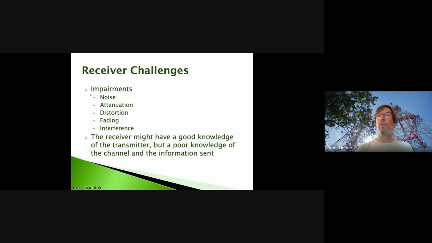Now when we are doing this, the receiver is faced with a number of challenges, and I call these impairments. Noise is a big one, and we'll spend a lot of time with that. The signal gets attenuated in some way, depending upon whether we're in an RF wireless type communication system or on wires. Your hardwired network in your office, school, dorm or house is a wired network.